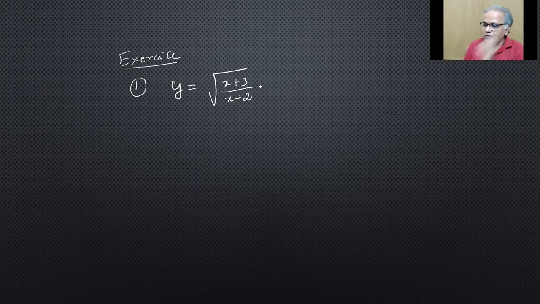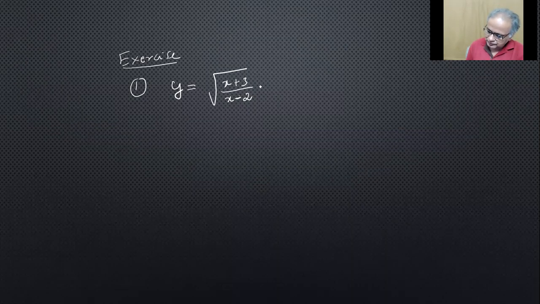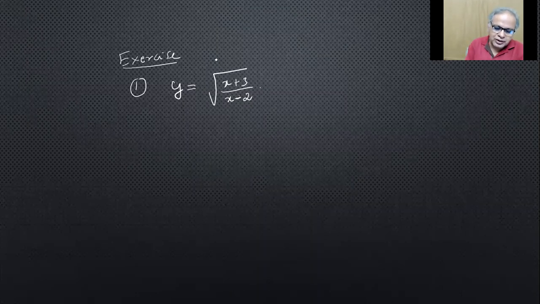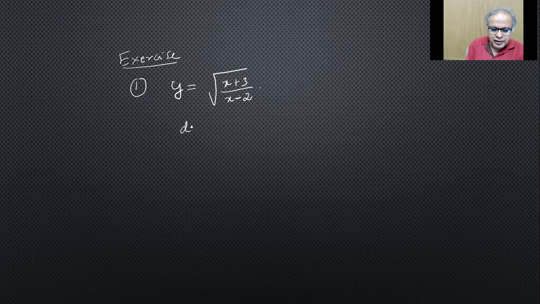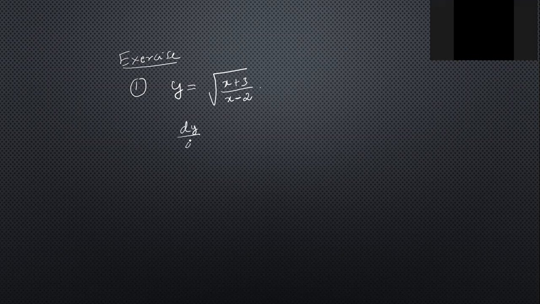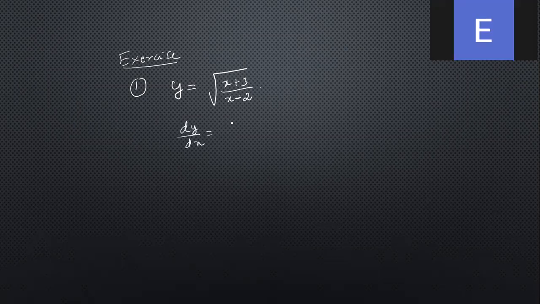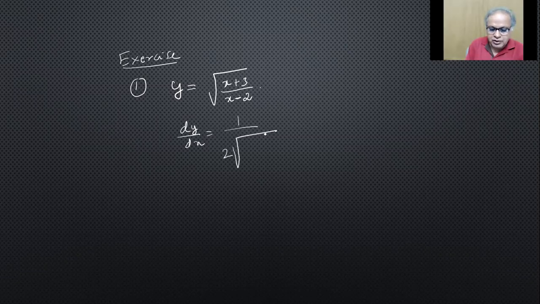Whichever way you want, you tell me, I'll write. If I take this whole thing as one, it will be a root x function, isn't it so? So dy by dx equals 1 by 2 root of all this.